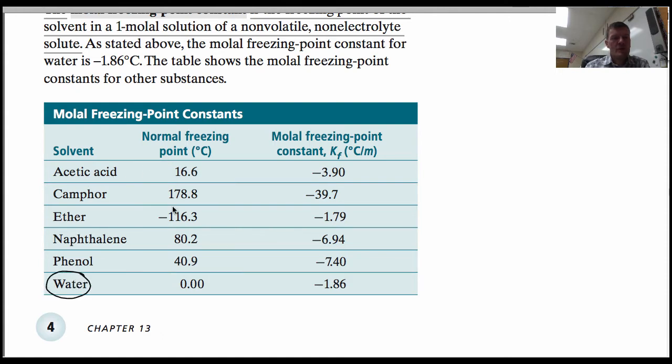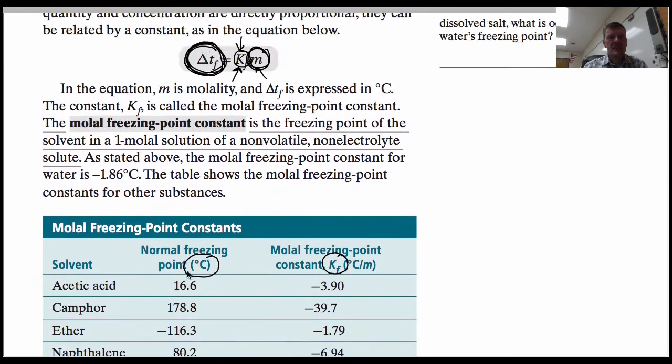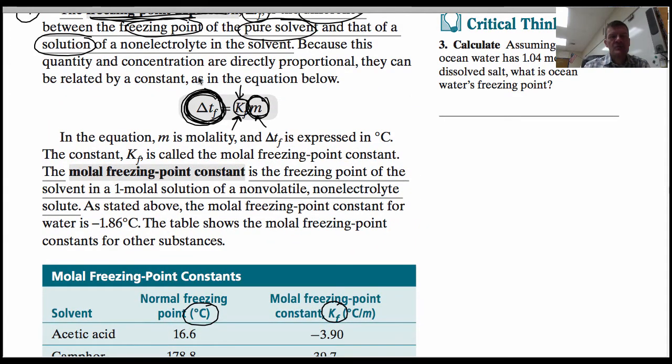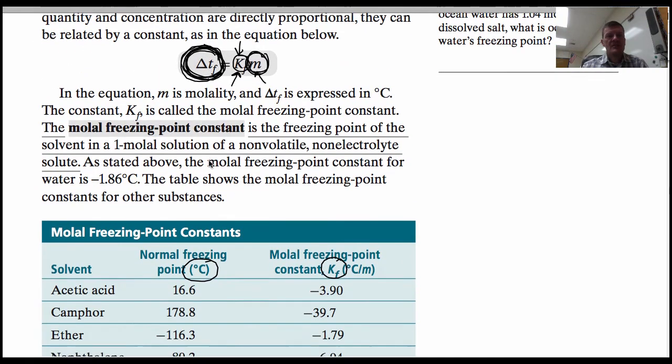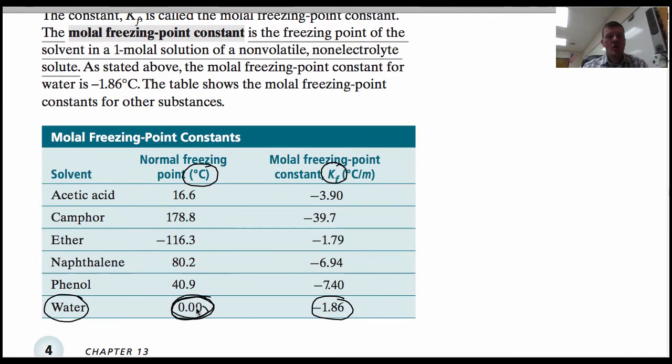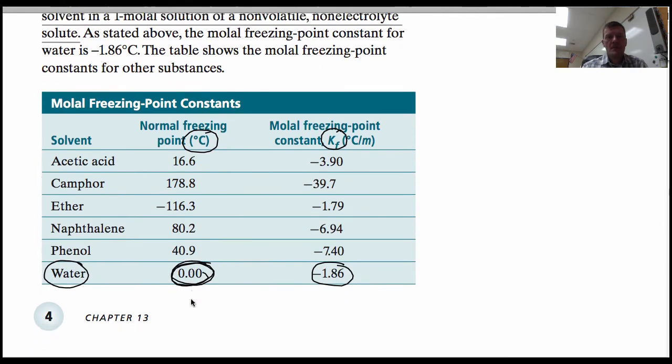Water normally freezes at 0 degrees Celsius. That's the normal freezing point. And this is the K value for water. So you can refer to this table in order to get the normal freezing point and also the K value. This delta T is not giving you the new freezing point, it's telling you how much it goes down by. So you have to subtract this value from the normal freezing point for water, which is 0.